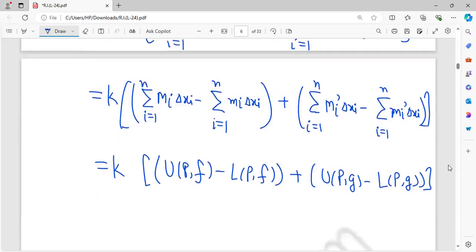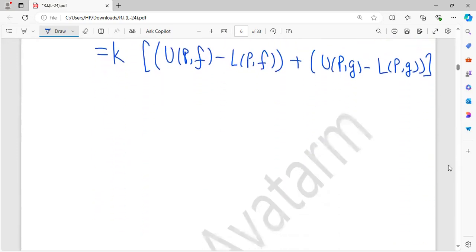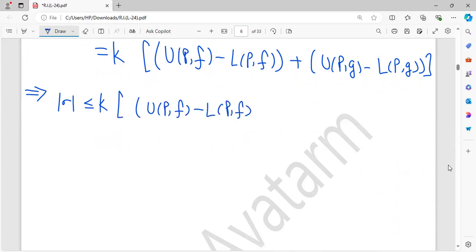So this implies the absolute value of sigma is less than UPF minus LPF plus UPG minus LPG. Okay.